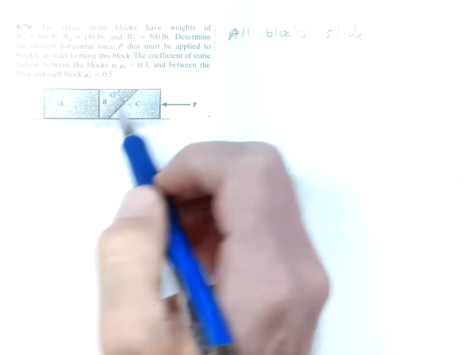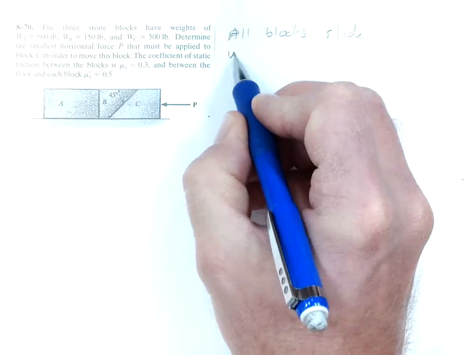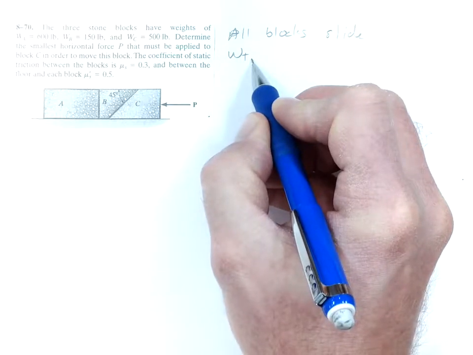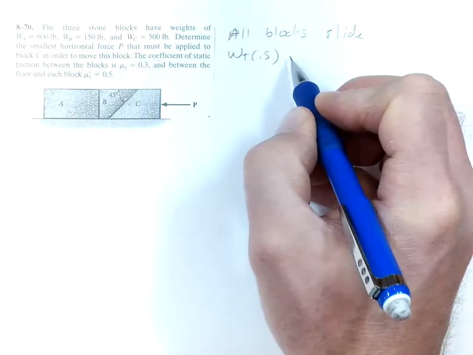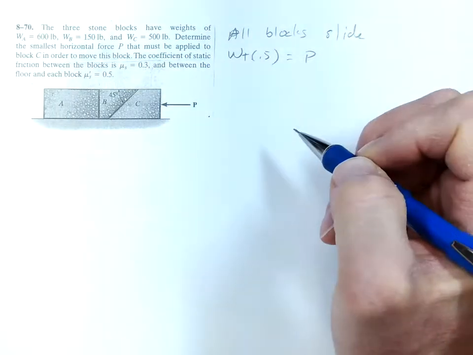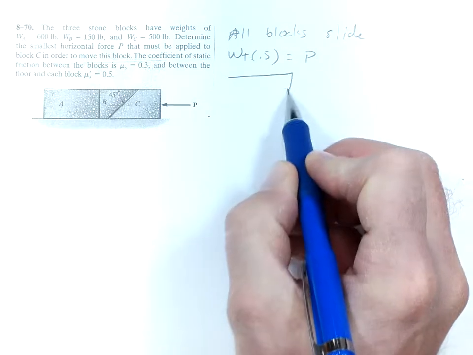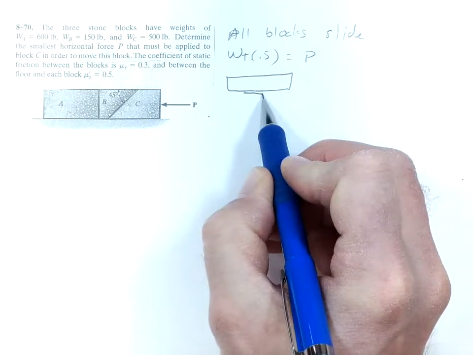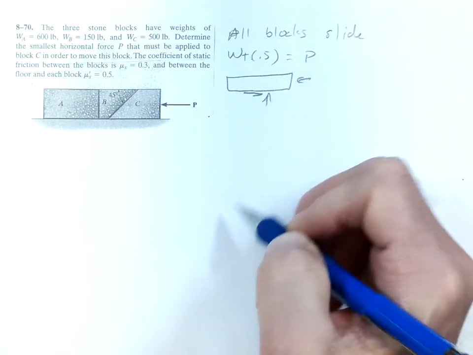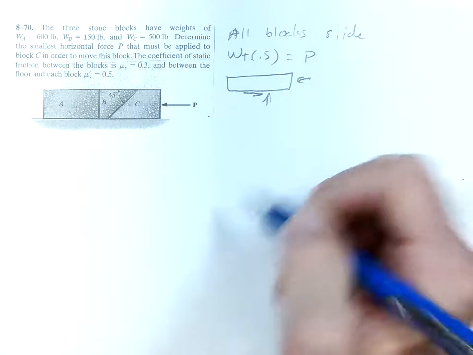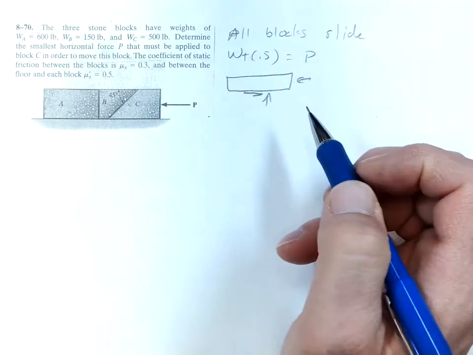So we'll start with all blocks slide. So then it's just the total weight times mu, 0.5, equals P. Because in that case the free body diagram is just 3 blocks stuck together, friction on the bottom, P on the side, normal up. And the normal will then be equal to the weight.